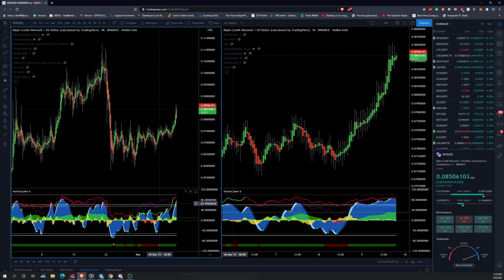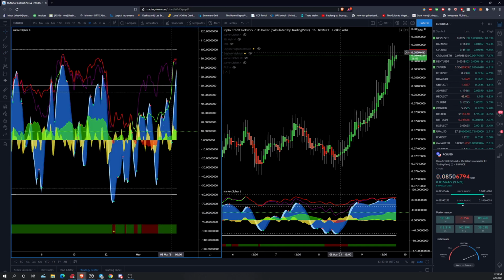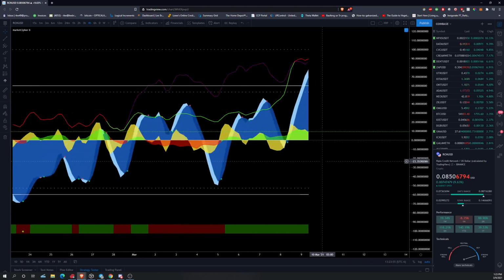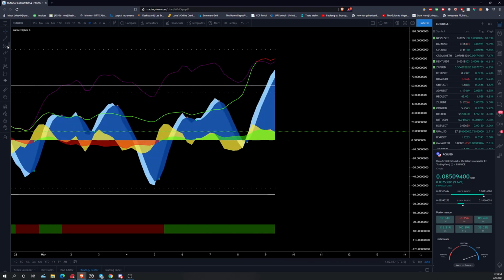Let's see. Yeah, this is a really good sign here. It's kind of hard to see these. Let me see if I can. I'm going to expand just this for a second. You can see this little green dot there.